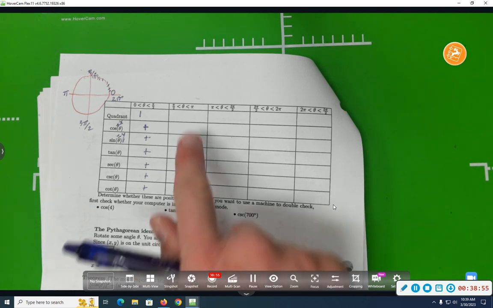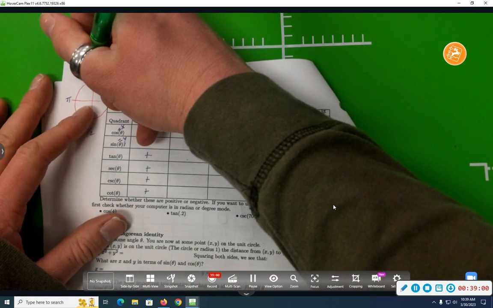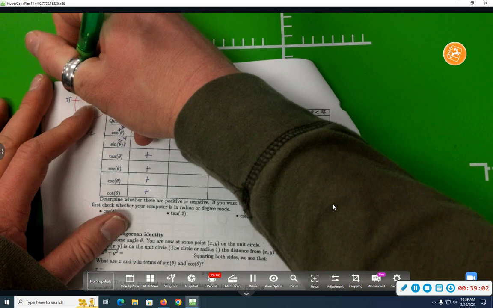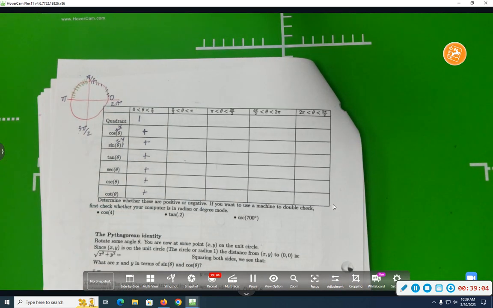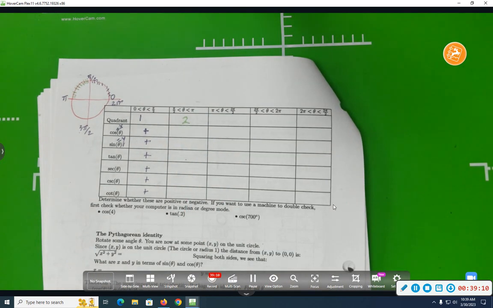If you happen to have an angle between pi over 2 and pi, that's this range. What quadrant does that sit in? 2. So if you like, this is why the quadrants are numbered the way they are, because if you rotate counterclockwise, this will trace through quadrant 1, quadrant 2, quadrant 3, quadrant 4.